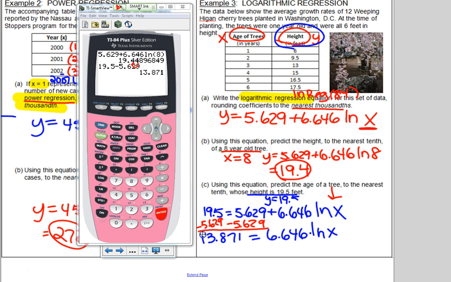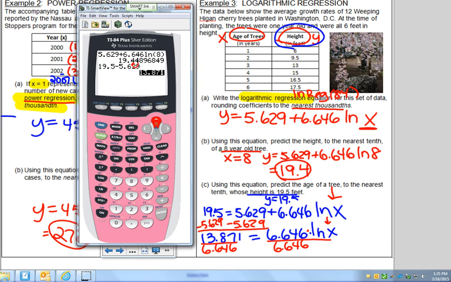Okay, still trying to work to x. Now I have to get rid of this 6 number, and since this is being multiplied, I have to do the inverse operation, which is divide. So I'm going to divide this over. Okay, so that number divided by 6.646, and then you get that awful number, but that's okay.